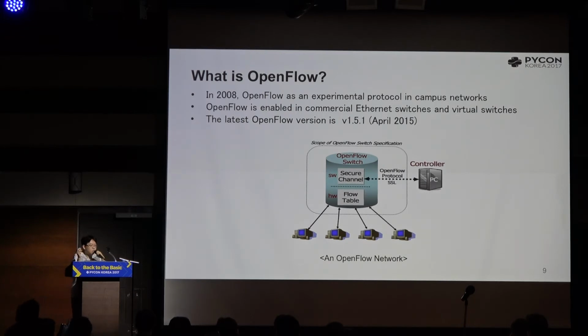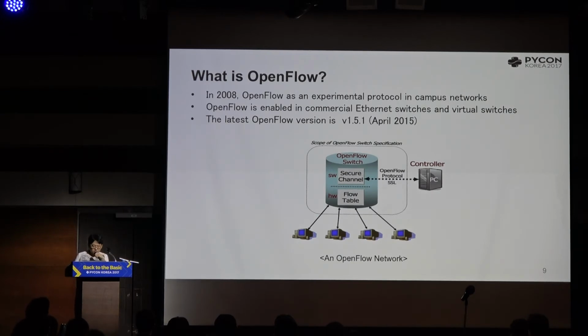But the concept of OpenFlow was welcomed in many other situations. Commercial vendors like NEC and Huawei and others started to put the OpenFlow protocol in their switches and virtual switches.